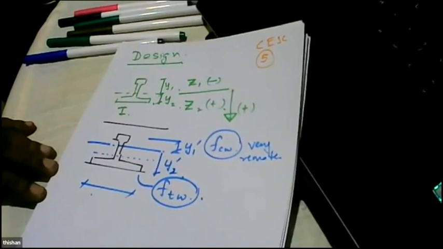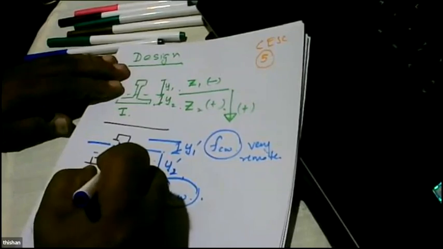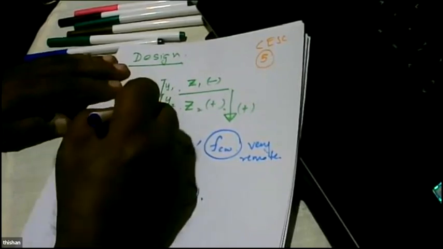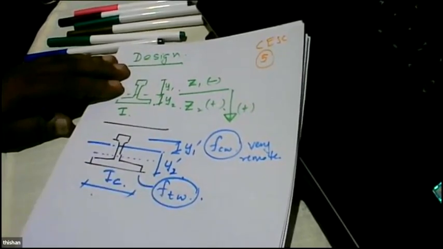And then the other important thing is, yes, so you get I2. So we say this is I, and now I get I composite. Here you get I composite, right?